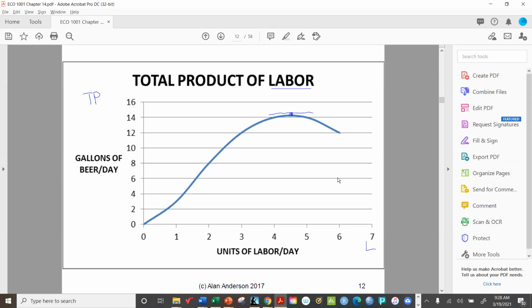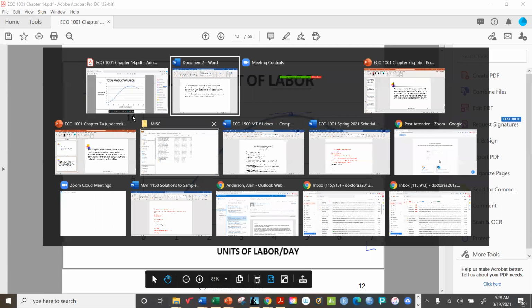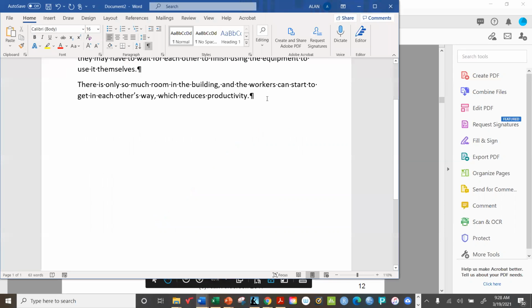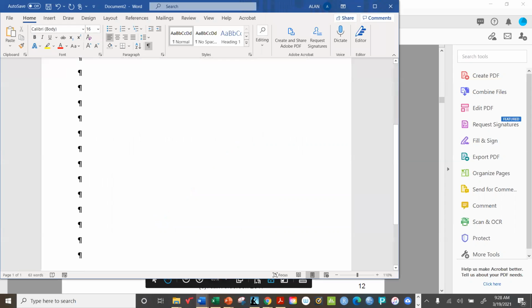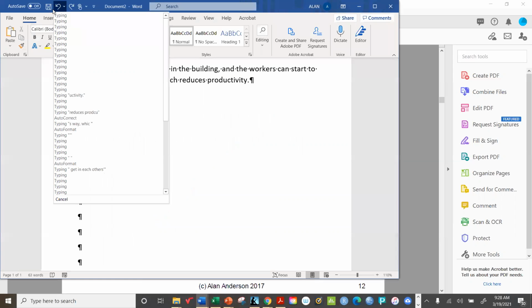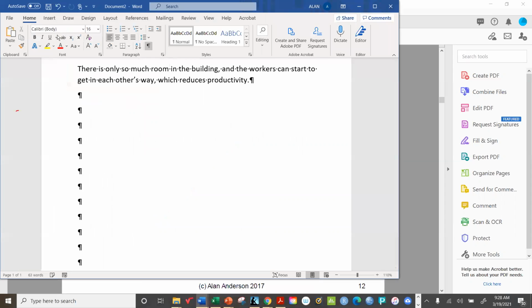Let me see if I can draw a little better on this Word document. This is very difficult to do in Excel. Here we go. I'm going to try to show you exactly what's going on here. And again, it's going to be difficult to do this by hand as well, but I will give it a shot.